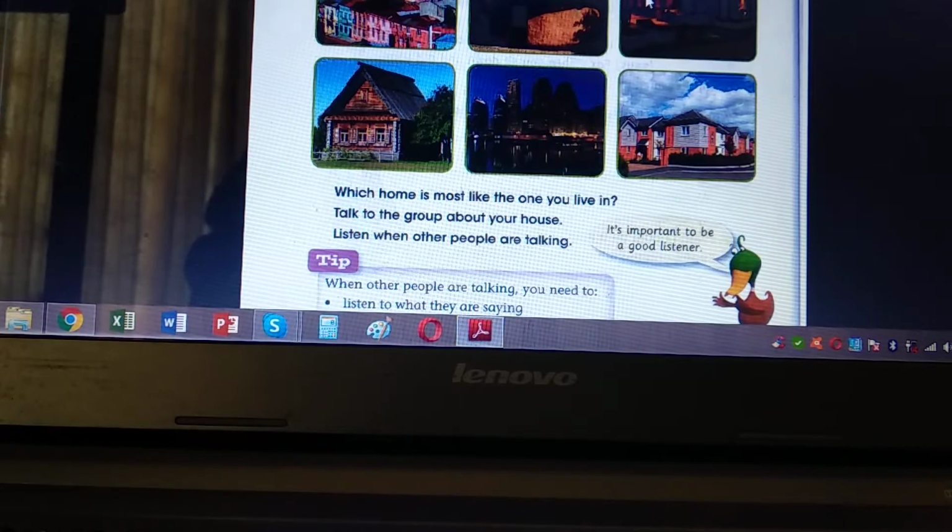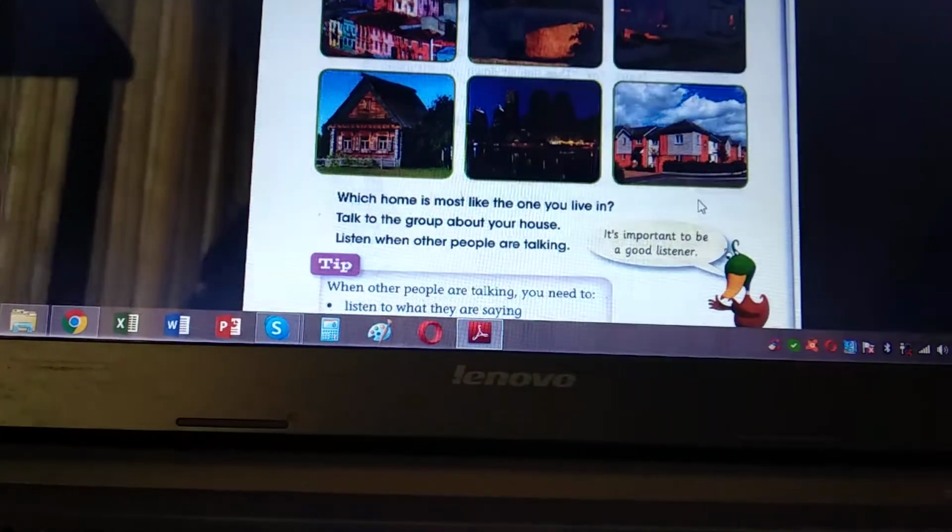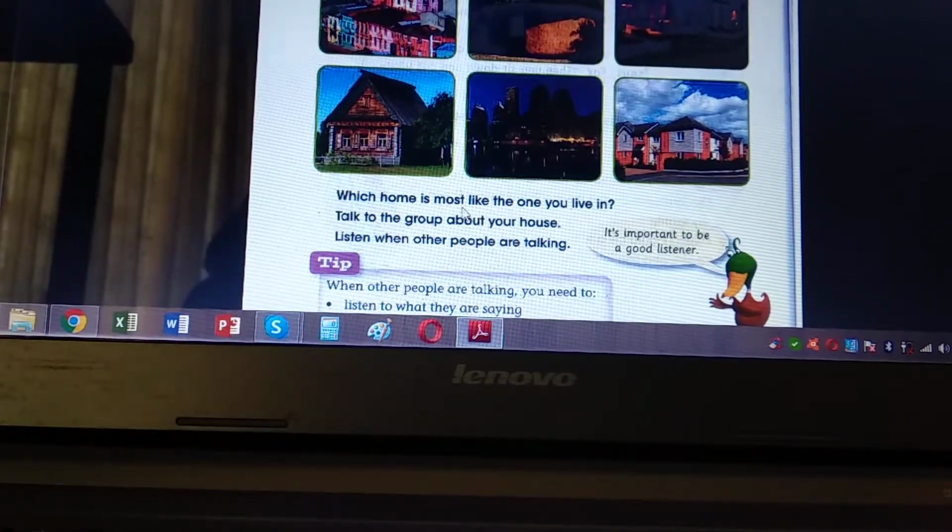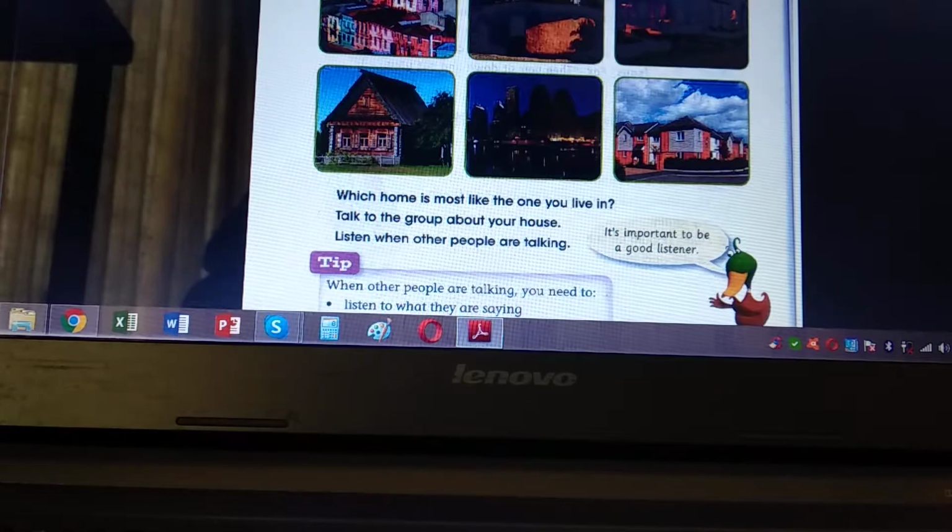Okay, so I know some of you are living in apartment, some of you are living in a bungalow, some of you are living in a terrace house. Okay, so which home is most like the one you live in? Right, if you are living in Cyberjaya, usually we have this kind of house. We don't have this kind of hut, we don't have this kind of cabin. Okay, but we have this kind of houses and this kind of houses.